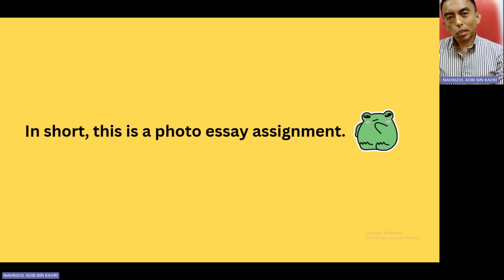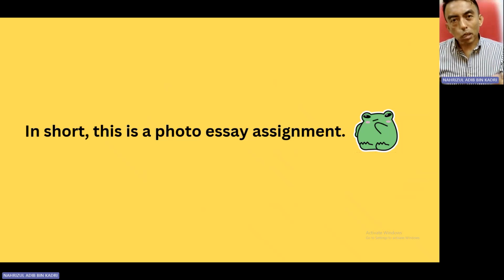When I said photo essay, I thought it was understood, but it seems that some of you misunderstood it slightly. So it's not an essay with photos, but rather an essay made using photos. A collection of photos that tells a story in an essay.